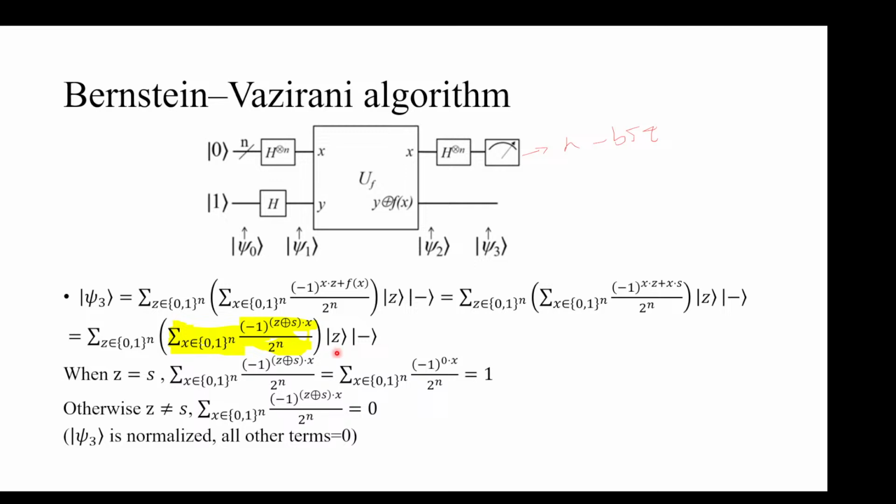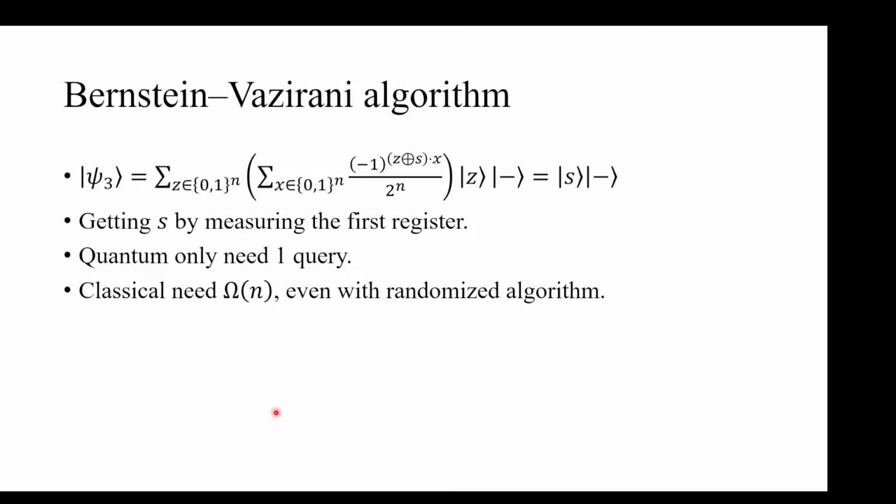If one component has amplitude 1, that is, the s component has amplitude 1, then all other components must have amplitude 0, otherwise psi 3 will not be normalized, because the amplitudes squared should sum to 1, and this is already taking all the weight. And yeah, so in the end we know this thing is just s.